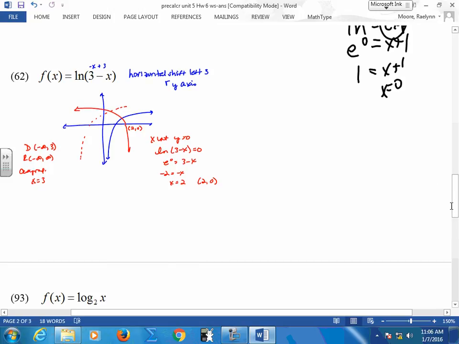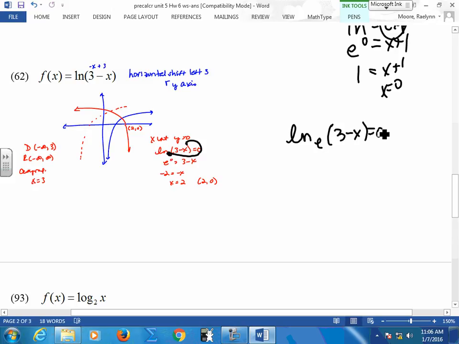This one, if you want to switch it around first, negative x plus 3, so you can see your shift and your reflection going a little bit better. Again, plug in a y of 0. It's an ln, so use your base e. e to the 0 equals this. Easiest way to go, guys, is this way.